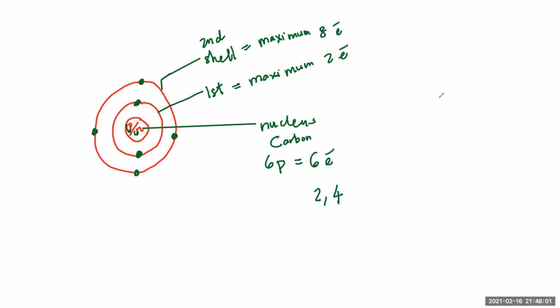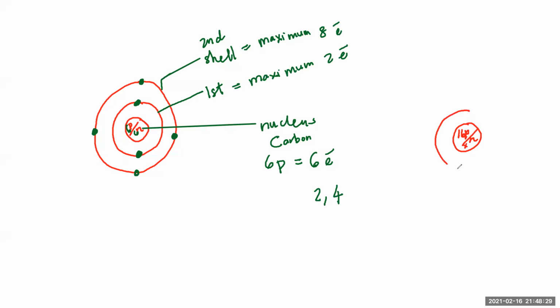Okay, now let's look at another element. Let's say the element sulfur. Okay, sulfur has 16 protons. So the protons and the neutrons, we'll talk about how many later on, are in the nucleus.